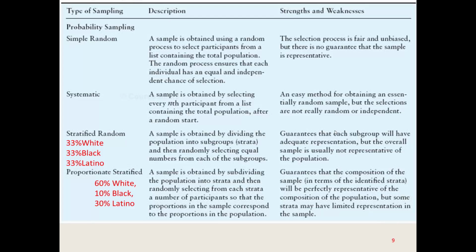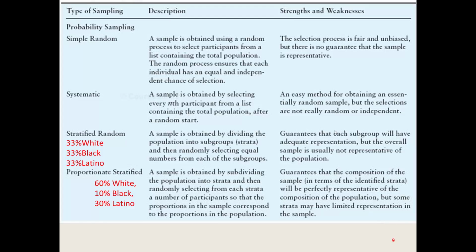So if you're choosing 100 people from a campus, you make sure that 33 individuals are white and 33 individuals are black and 33 individuals are Latino.